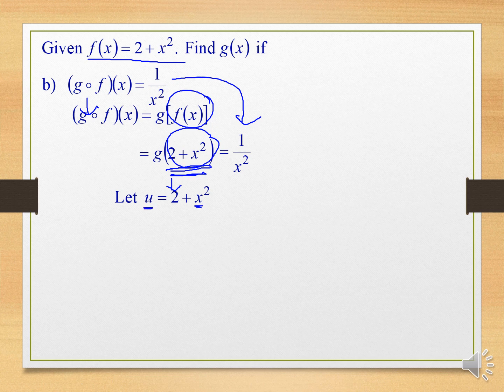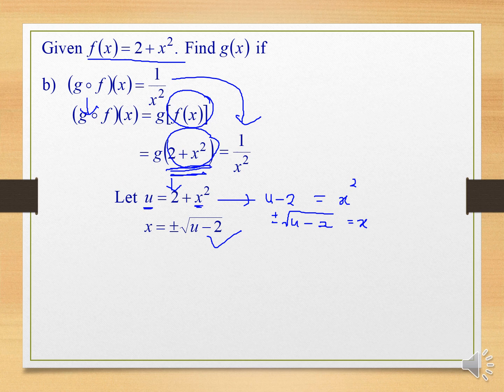Therefore, we can let x as the subject. We have u minus 2 equals x squared. Therefore, square root of u minus 2 equals x, and this must have plus minus. That's why we get x equals plus minus square root of u minus 2.